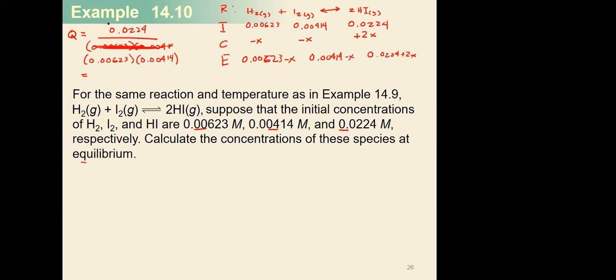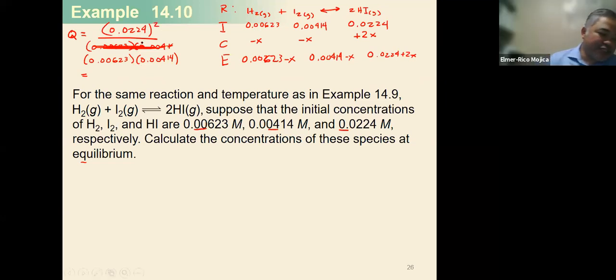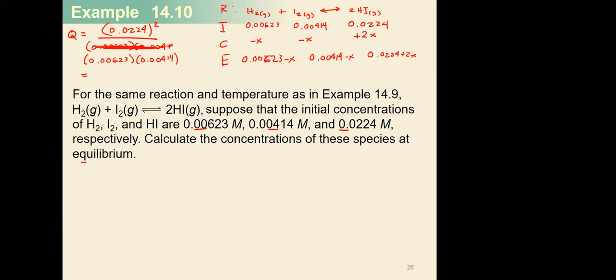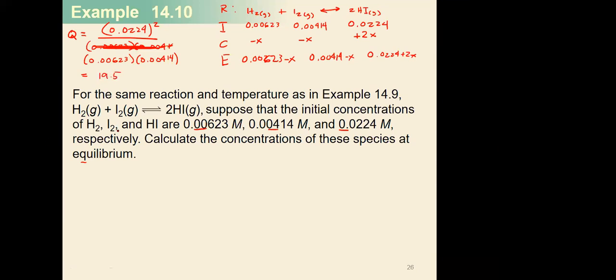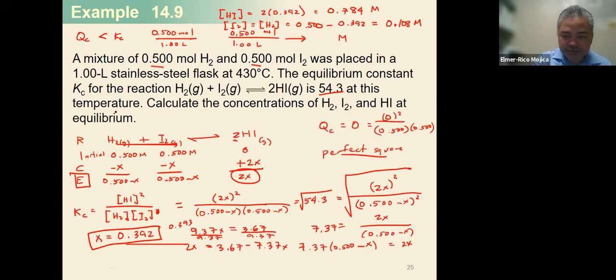You have to square it. Very good. So now if I squared it, what is the value of my Q? I got 19.46, or 19.5.